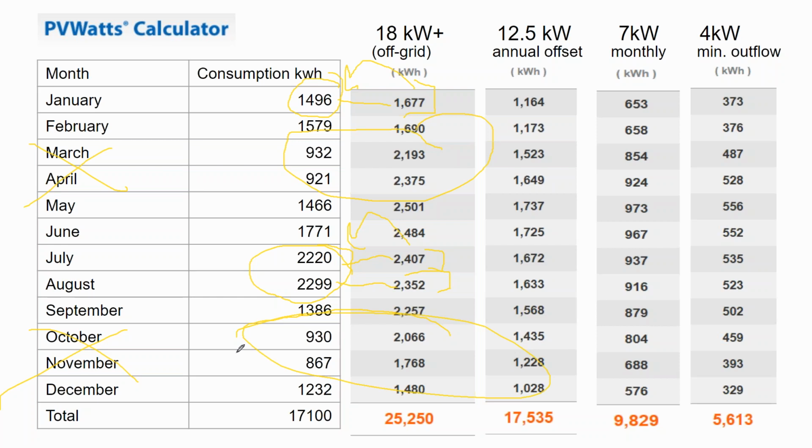And so that's where I say, don't think about off-grid as being energy poverty, because there's going to be times when you have energy overabundance, even for a well-sized rather than oversized system. This is just to have us kind of hone in on what size of system we need.